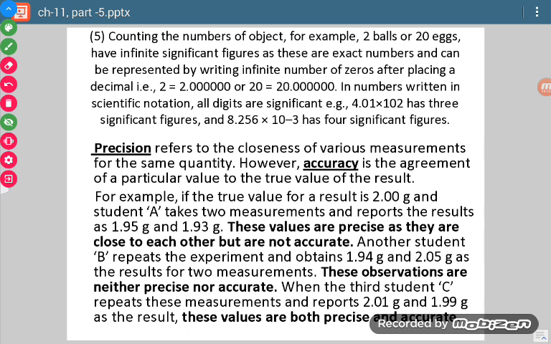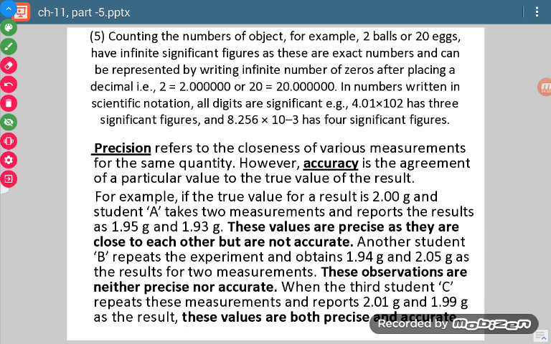Take for example, somebody is measuring a liquid in a measuring jar and he is taking 2 observations. In the first he says 11.5. Now this is his first observation. If he says for the next observation 11.7, then these 2 are nearby, his results are nearby.